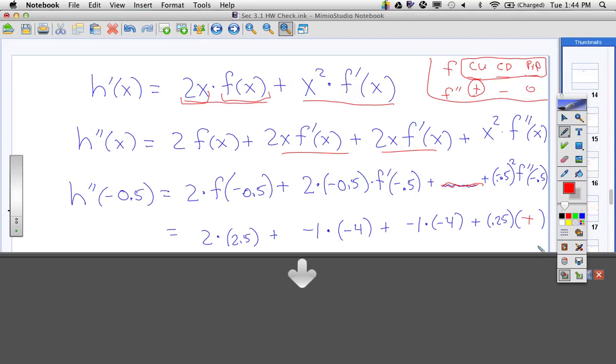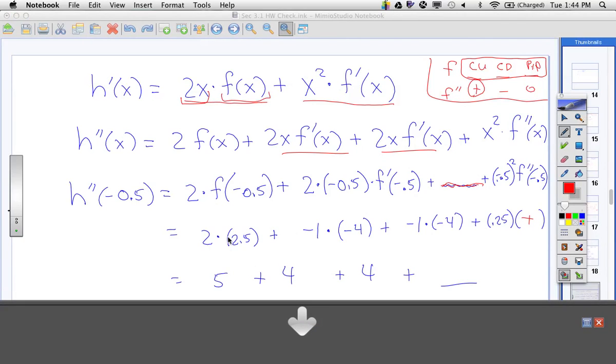And it turns out that's all we need to know. Because look what you get. You get positive 4, plus positive 4, plus we don't really know, but we do know it's positive. And all we cared about, remember, is are we going to get a positive answer for h double prime? And we certainly are, because every one of those turned out to be positive.